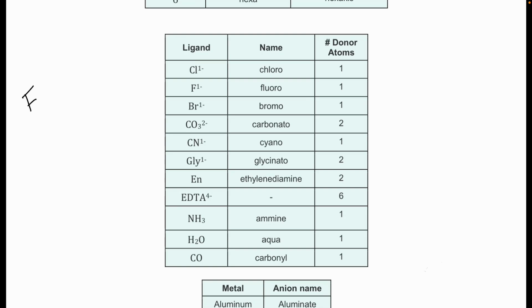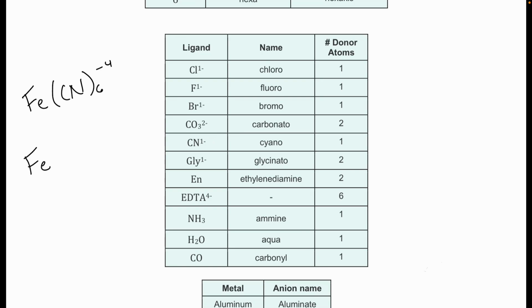All right, so Fe(CN)6 4-. Each of those cyano groups has a charge of -1. So then what is the oxidation number on my iron?